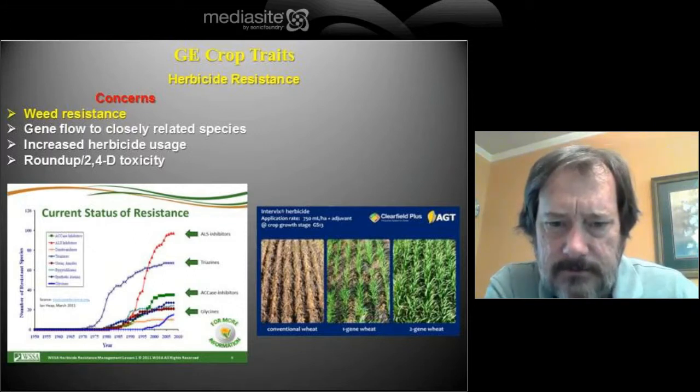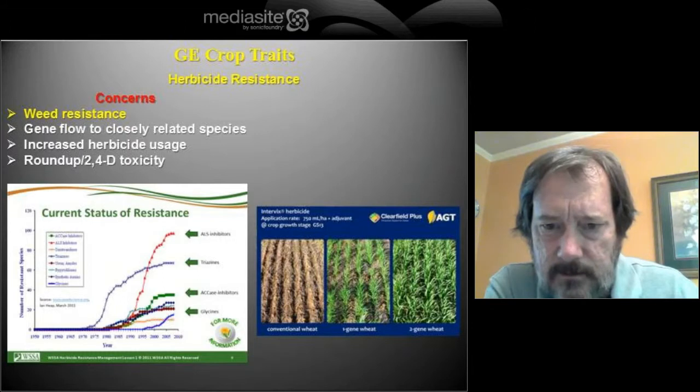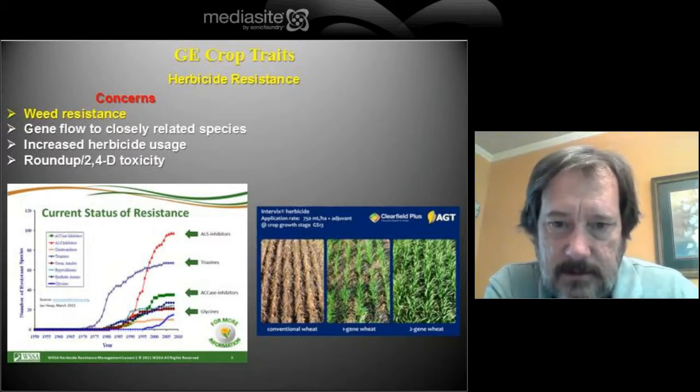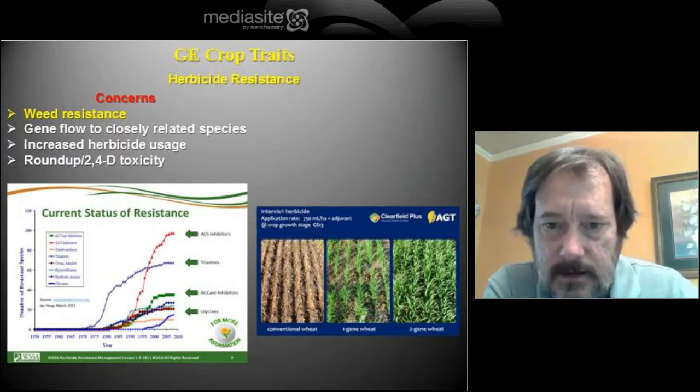If you look at the bottom left, you can see that we have labeled 4 different types of herbicides: ALS inhibitors, triazines, ACCase inhibitors, and glycines. And you can see that for ALS inhibitors, we have the most species that are resistant, and that has nothing to do with genetic engineering.